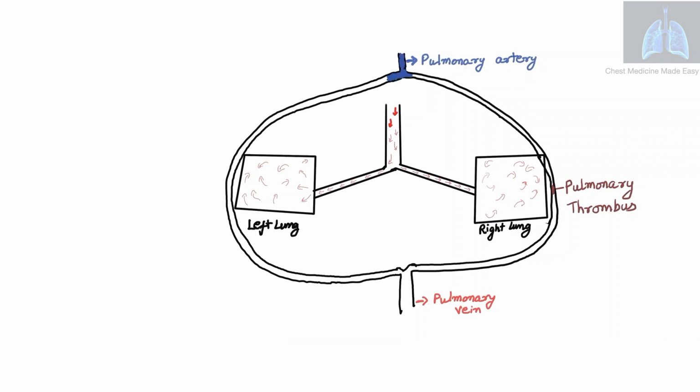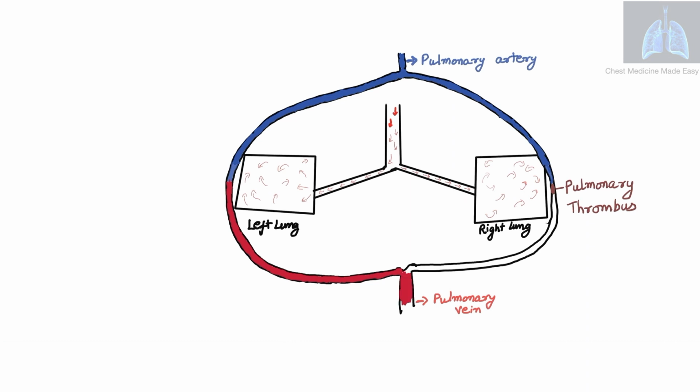So let us look at what happens. When blood flows through both sides, the thrombus on the right side will occlude the blood flow, and on the left side the pulmonary arteries oxygenate normally because the left lung is normal.